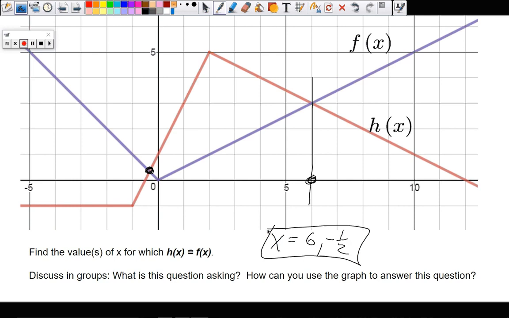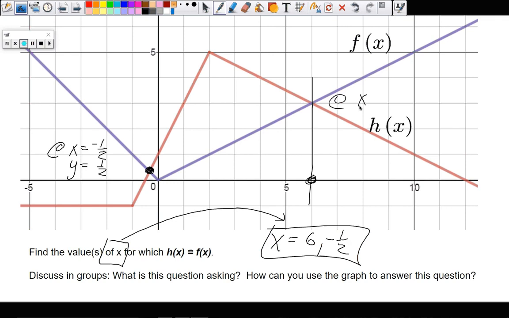Okay. So this is saying find the values of x when that would happen. What if I asked you, what are the values of y at those specific x values? So this one, yep, this one would be 0.5. So you could say at x is equal to negative 1/2, y is 1/2.